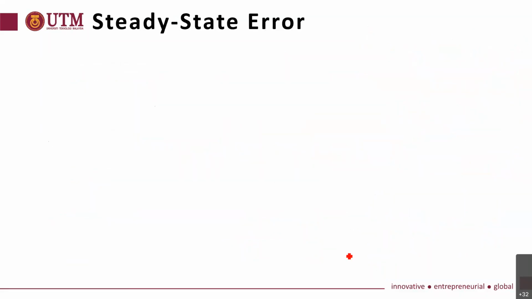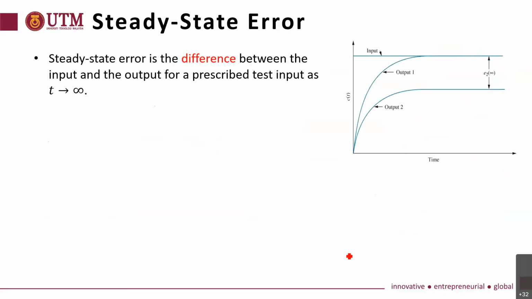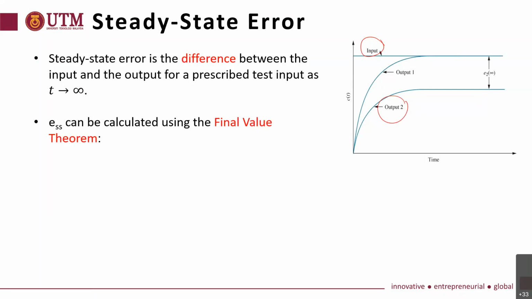Steady state error is also important. We know steady state error is the difference between input, this is input, and output when t approaches infinity. When t goes to infinity, the difference is the steady state error. Steady state error is normally calculated using the final value theorem.